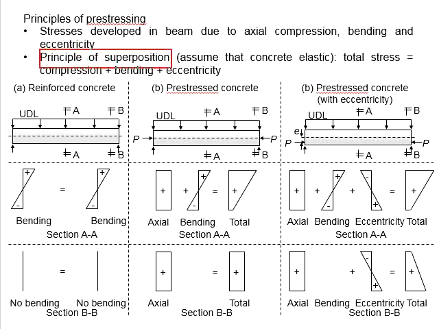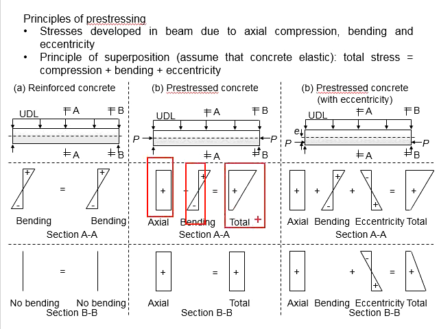Based on the principle of superposition, these two stresses can be added together to become the total stress acting on the member. The total stress on top of the beam will be the summation of these two compressive stresses. And the total stress at the soffit of the beam will be this minus this. The compressive stress and the tensile stress can cancel out each other, and what is left over will be the total stress acting on the soffit of the beam.